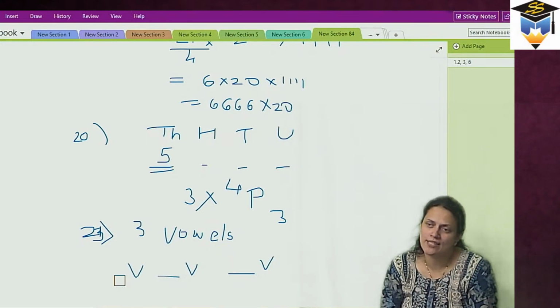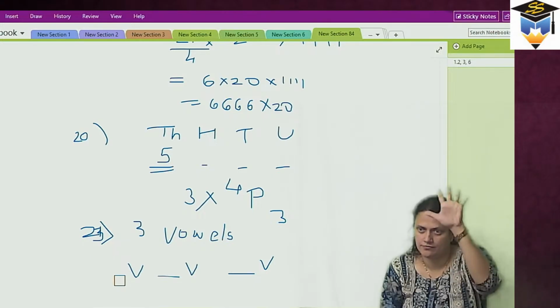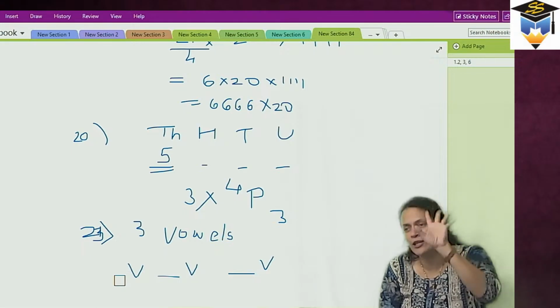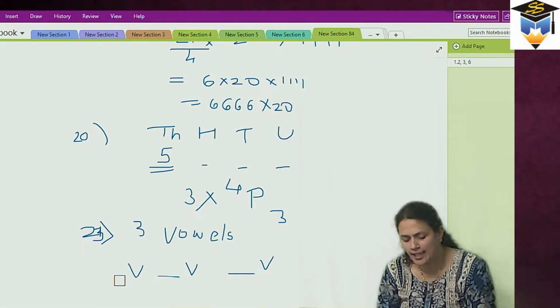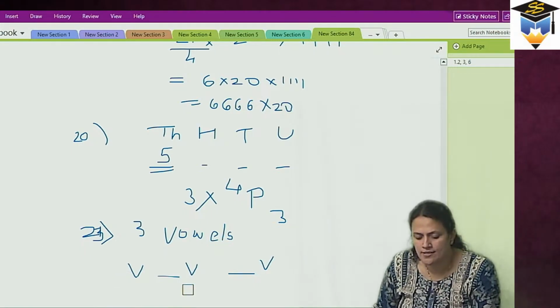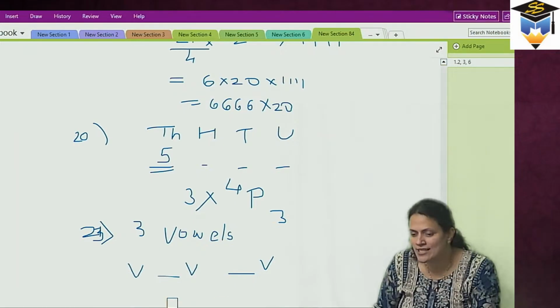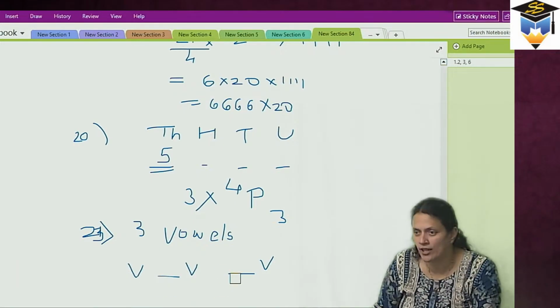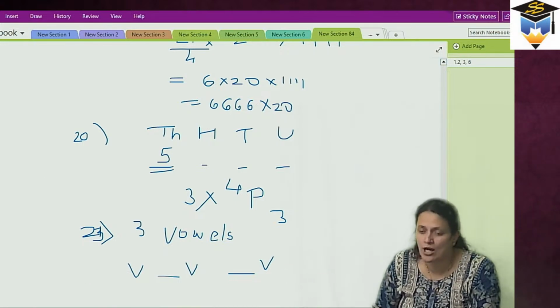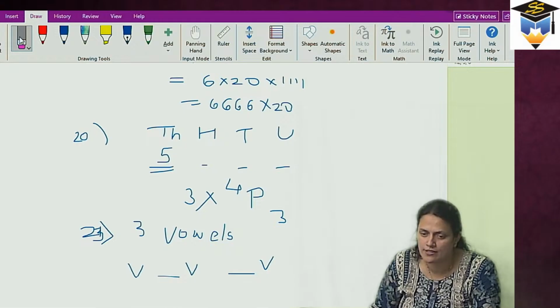How many positions are there? So 5 positions can be done in 5 factorial ways. ठीक है. आणि out of 4 places 3 are vowels because these are consonants. यहाँ पे consonants होंगे केवल. And how many vowels are there? 3 vowels are there. So out of 4 places 3 are vowels.